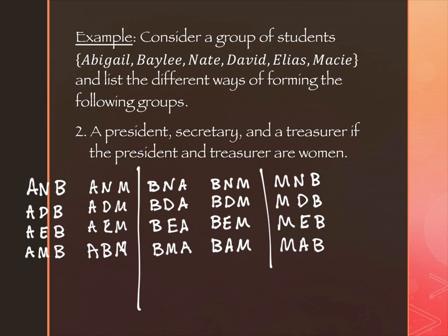What am I missing? Macy and Abigail, right. So I need Macy at the beginning, Abigail at the end. I have Nate, David, Elias, and then the last one would have Bailey in the middle.